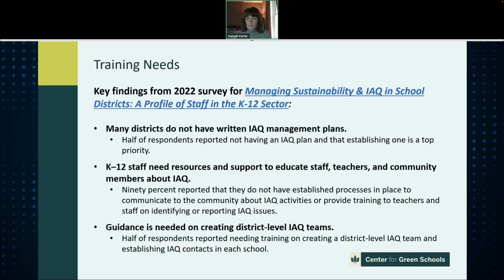And also less than half of them had an established district level team in place focused on indoor air quality, but all 3 of those were indicated as priority areas for them, something that they would like to achieve.